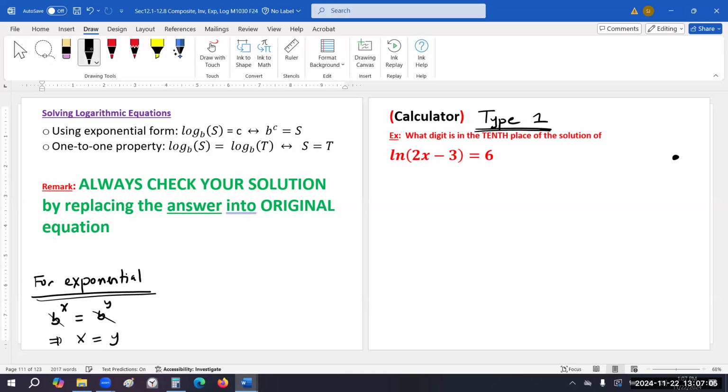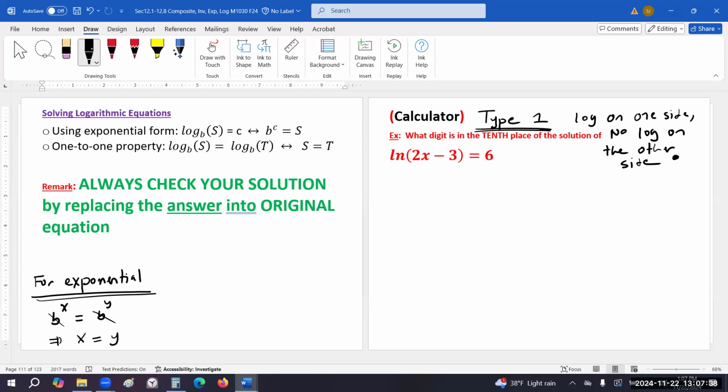Since we don't have two logs, you cannot cancel them. If you have only one log, what do you have to do? You have to turn it into an exponential equation.